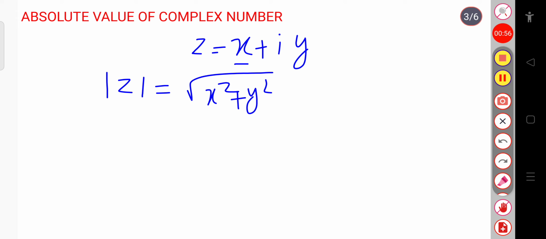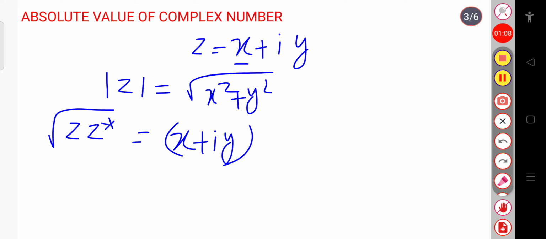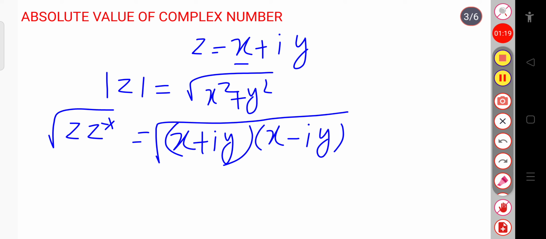Mod z basically means root over z into z star. That means if we take the z value, that is x plus iy, its conjugate will be x minus iy, only the negative sign will be applied in the imaginary part, and the square root of this is in the form of a plus b into a minus b, that is equal to a square minus b square.